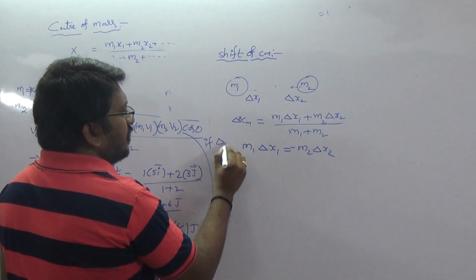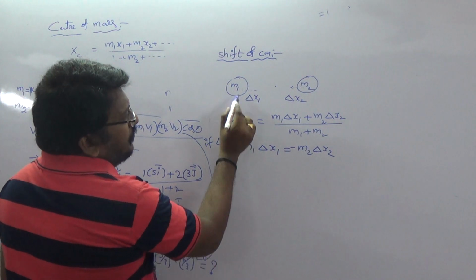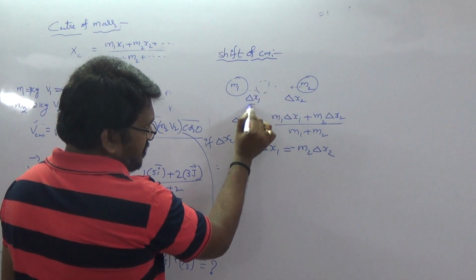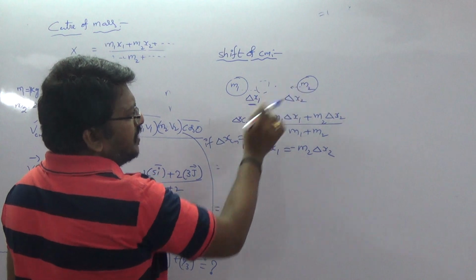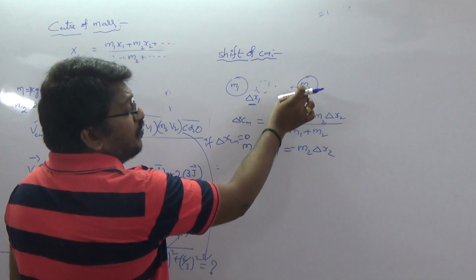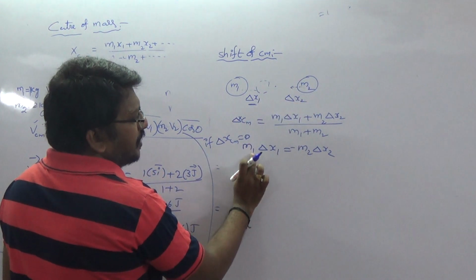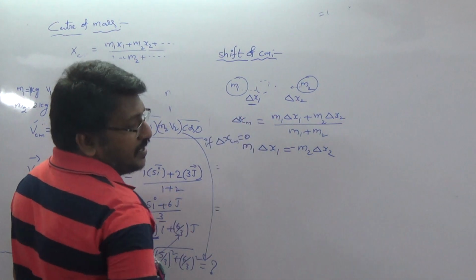If delta x CM is equal to 0, that means there is no shift. The first particle shifted by a small distance delta x1, and the center of mass does not shift. The distance moved by the second particle is delta x2. In that case, we can write m1 delta x1 equals minus m2 delta x2.